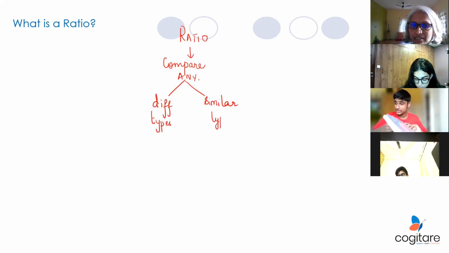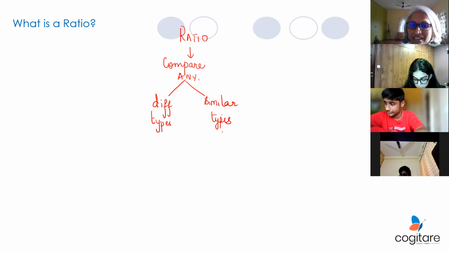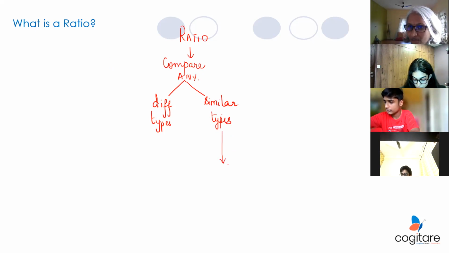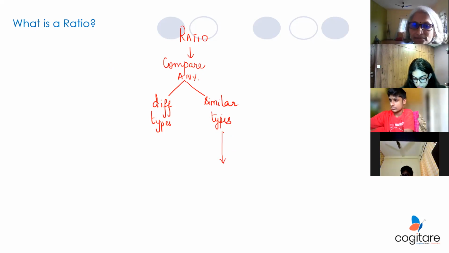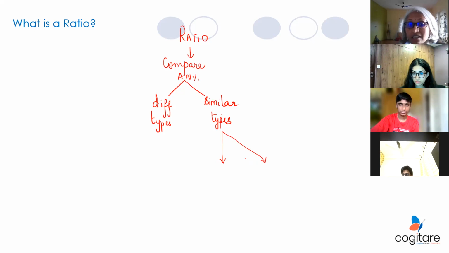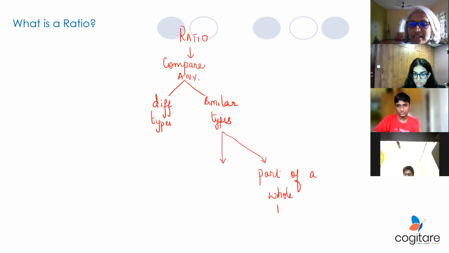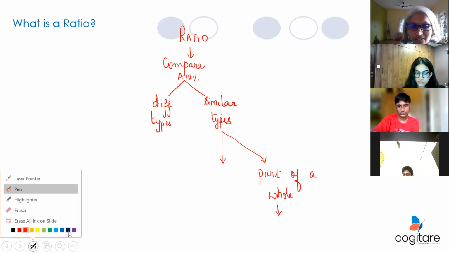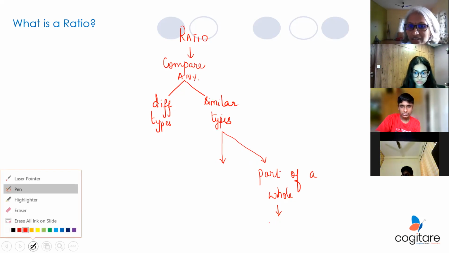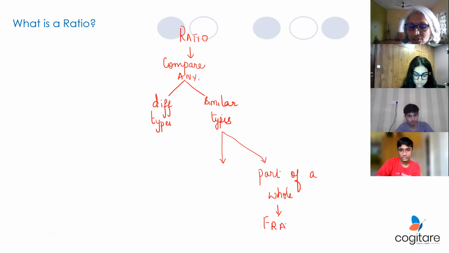They can be of similar types. When the ratio is of similar types, like I can say chairs alone, tables alone. When you have a ratio of similar types and the relationship is part of a whole, this special ratio has a name. What is that?